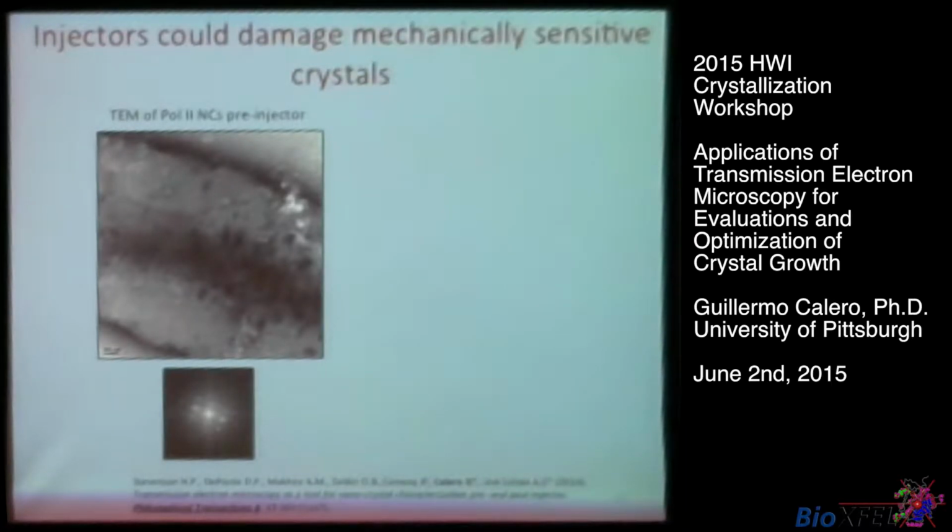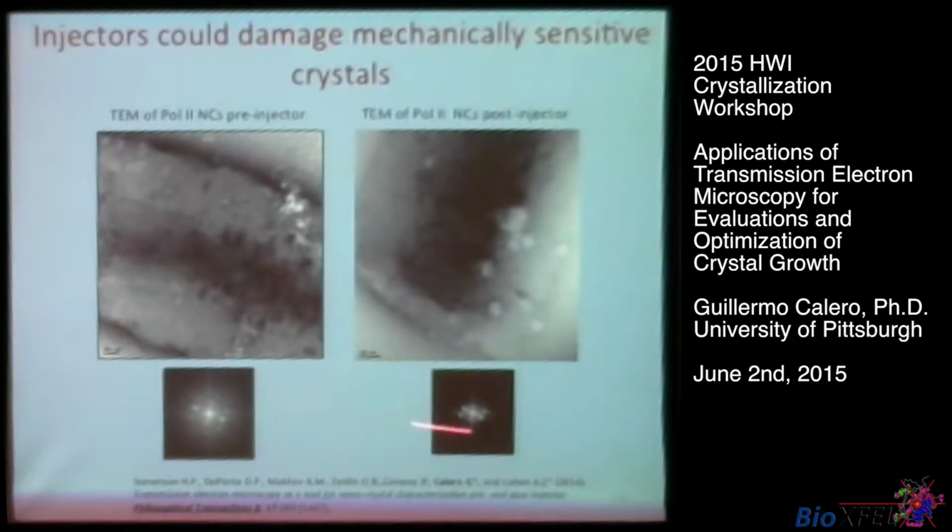And when I came back from CXI, extremely disappointed, Aina Cohen and I thought about the problem and she said, why don't you use an injector? Take an injector and do some experiments. So we took the injector, she came, and Hillary did the experiment. She took nanocrystals before injection and after injection, and we did see differences.